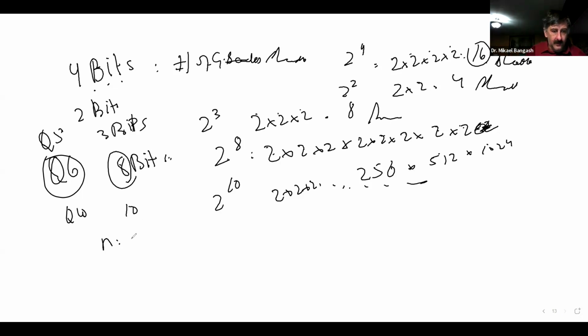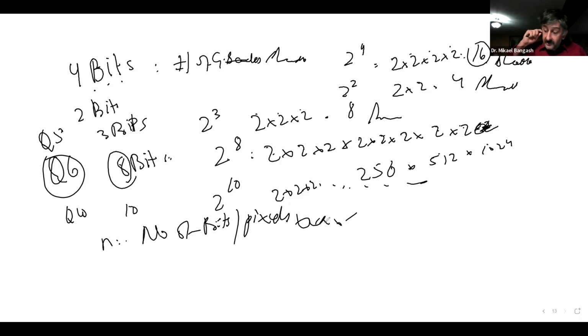N was mainly just the number of bits per pixel. So that's just an open-ended question, if you want to put it that way. That's probably not something that you will get on your tests.